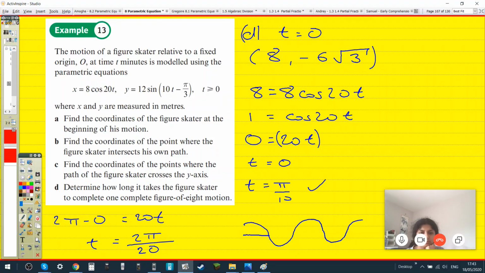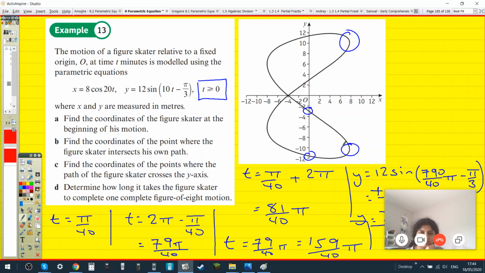If I was to say it's there, and that's the first one, what we were finding was this one, because that's when it goes back, but actually we should have found that one. So what we found was like half of their rotation.